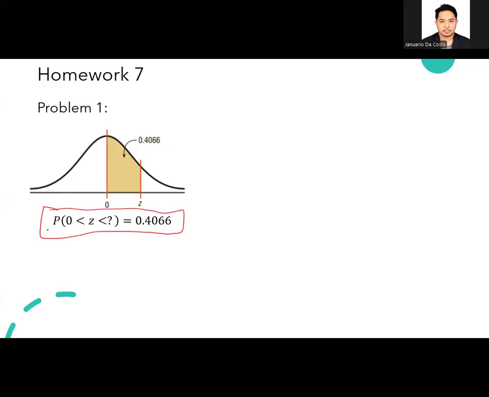Anybody knows? What was the question again, teacher? Why do I write this equation over here? How do I get this equation?